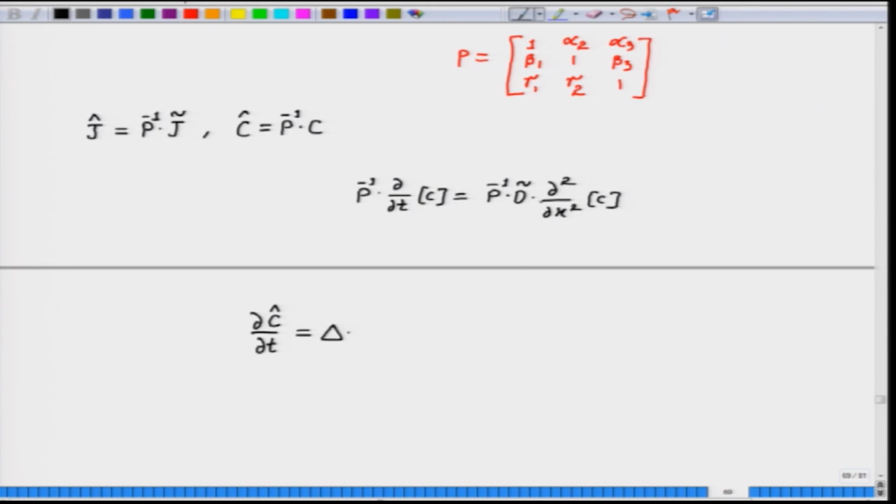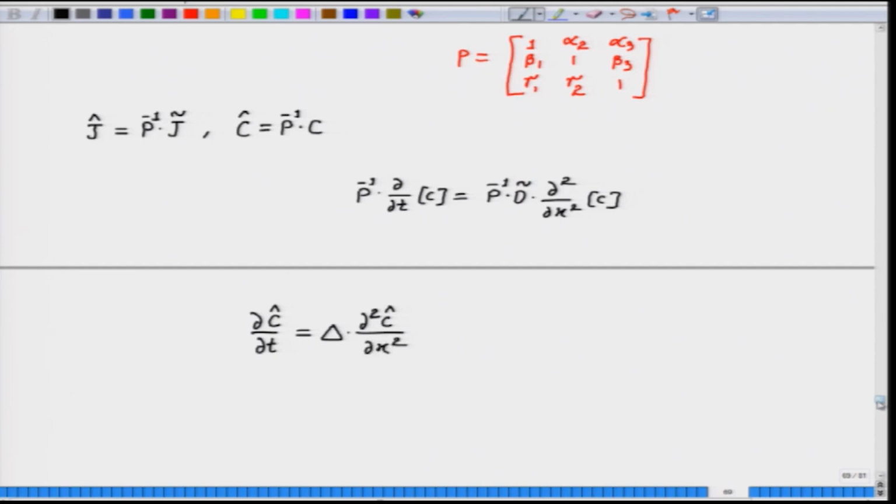So, P inverse remains, we can take this inside, and P inverse times C is again the matrix of concentration in cap basis, C cap. So, we can write this as dou 2 C cap by dou x 2, right.